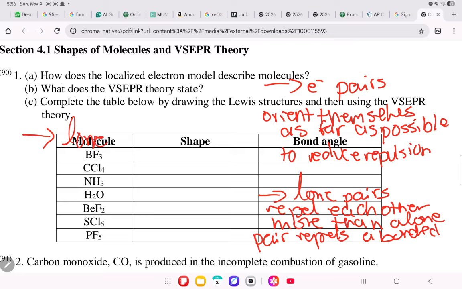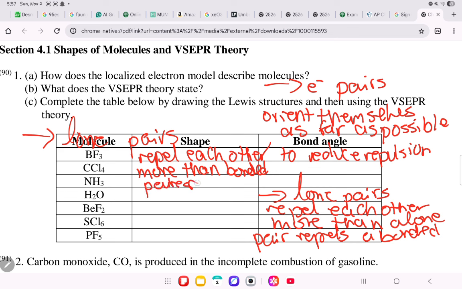Lone pairs repel each other more than bonded pairs repel each other. Okay, so lone pairs repel each other more than bonded pairs repel each other. Perfect. So these are the three things that the VSEPR theory states.